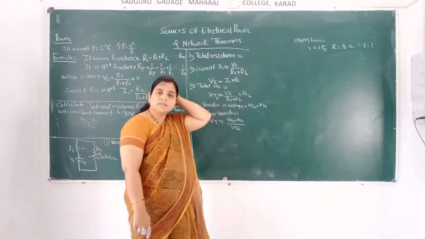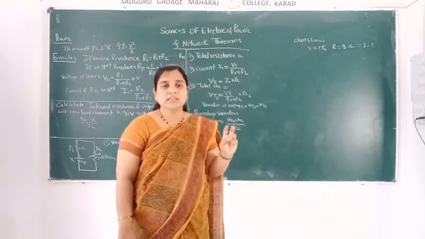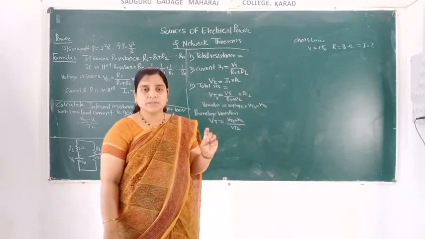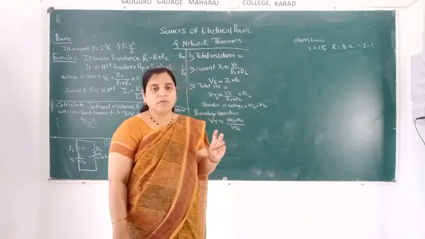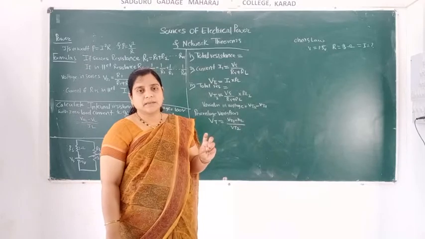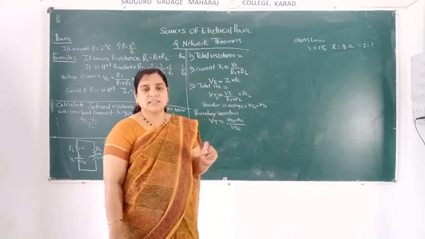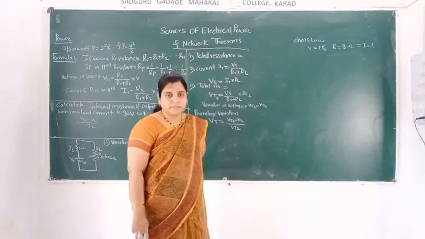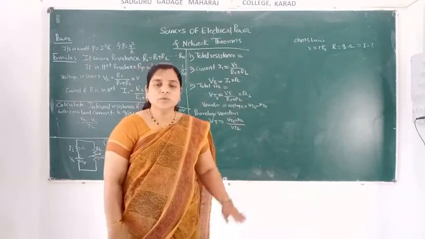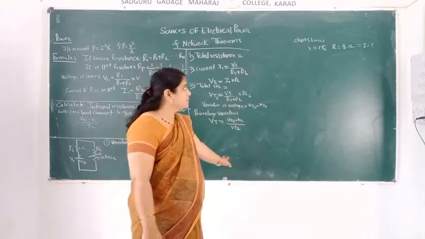First, we have seen electricity, then what is current, what is charge. Current is nothing but the rate of flow of charge. And what is electricity? Electricity is nothing but which gives the heat, light and motion. So we saw all those points in the very first lecture of this chapter.